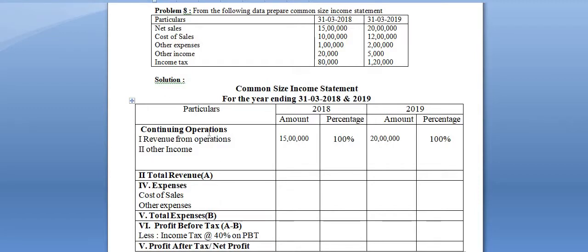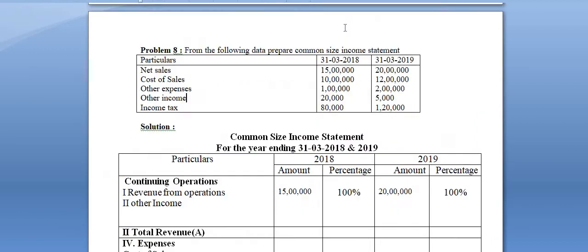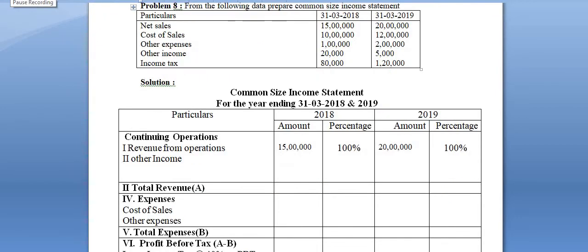In continuing operations, first is revenue from operations. Revenue from operations is nothing but net sales. What is the net sales for 2018? It is 15 lakh. And for 2019? It is 20 lakh. Now the percentage for 2018 is 100 and for 2019 also 100.